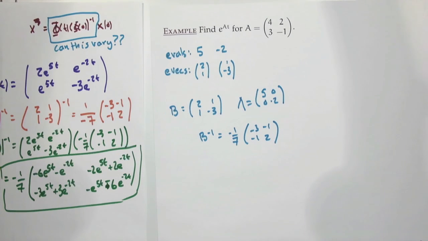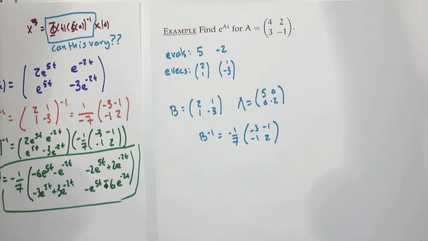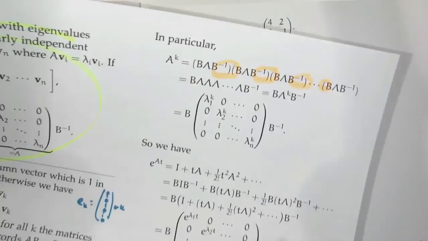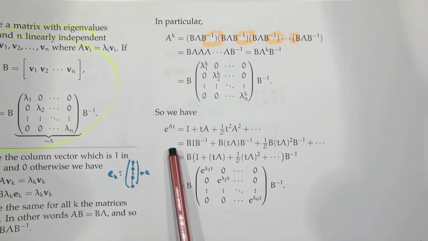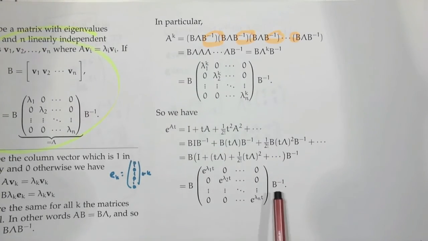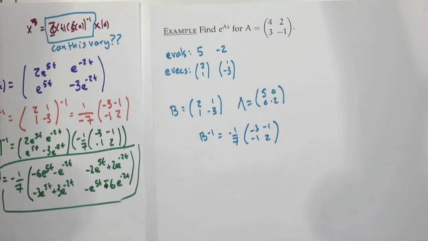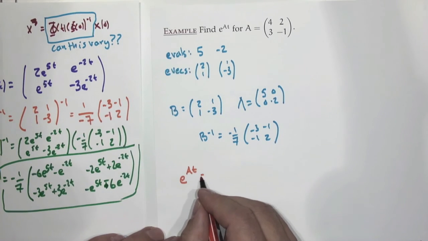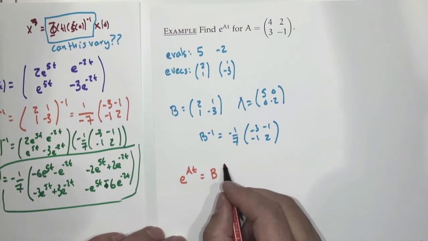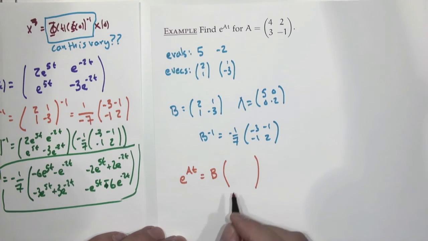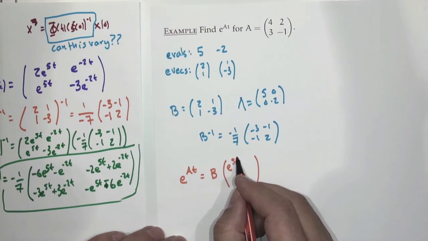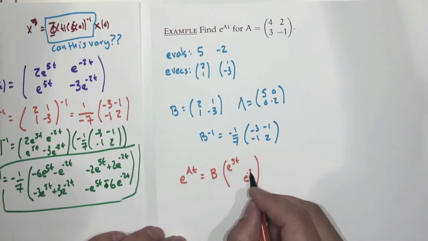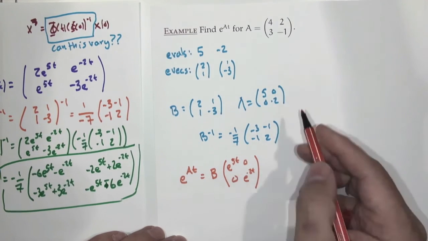And therefore, remember the previous slide: e to the At is B diagonal B inverse. So if we follow the formula, e to the At is B times [e^(5t), 0; 0, e^(-2t)].